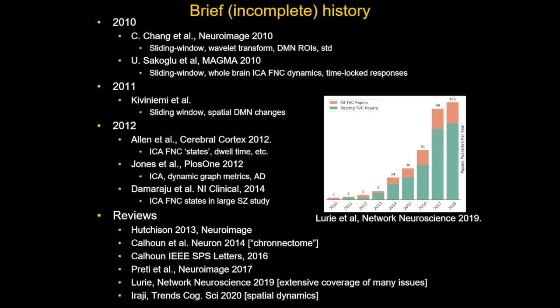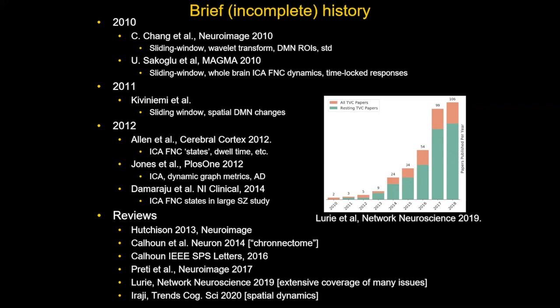I distinguish that when I say whole brain from other methods like dynamic causal modeling and lots of fMRI methods that look essentially at dynamics of signals. Here we're talking about dynamics of interactions between large sets of brain regions. That was followed shortly in 2011 by another sliding window approach, but looking at spatial aspects of the default mode network. In 2012 and following is where things I think really began to take off.